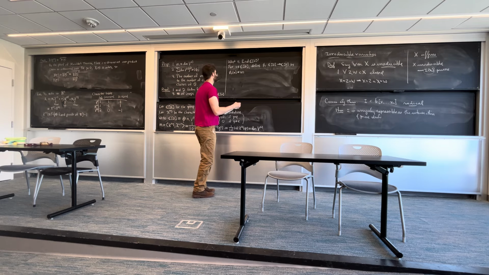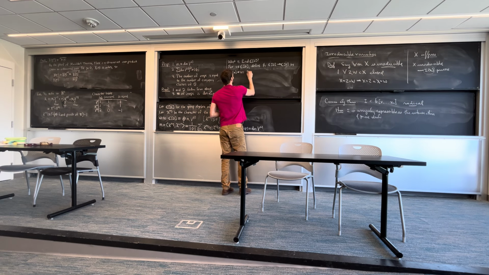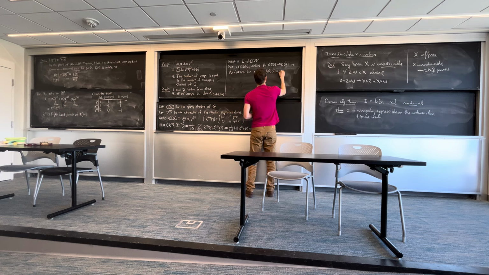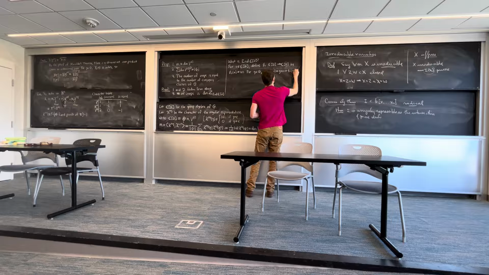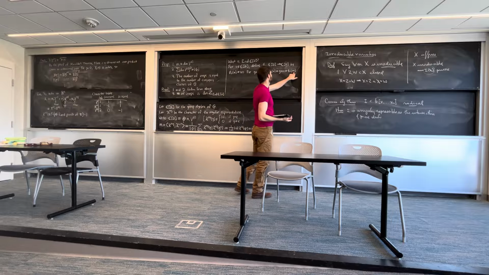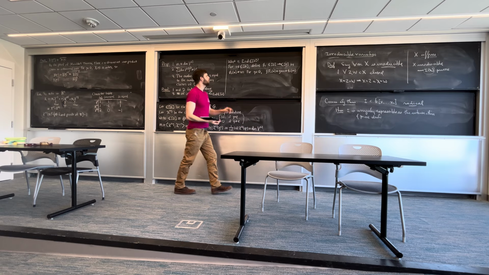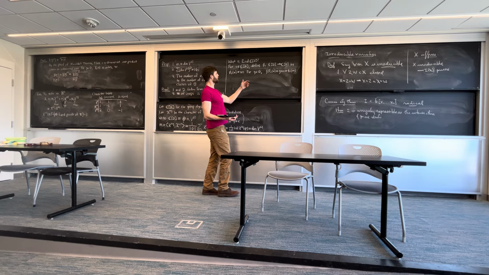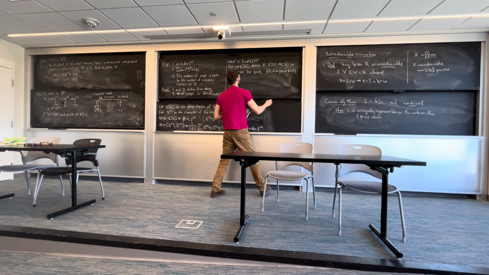Right, so for g in G, if we take g times phi V of W, well that's just g times WV, but that's the same as phi V of gW, that's gW times V, and so this is just saying that phi V commutes with the action of the group, so it's actually in this endomorphism algebra.